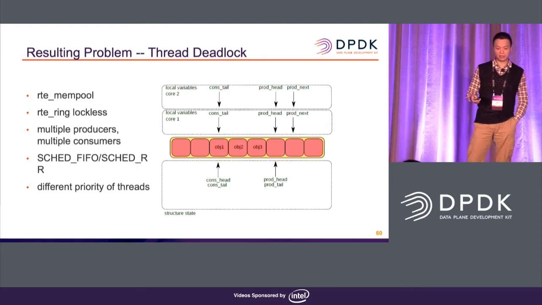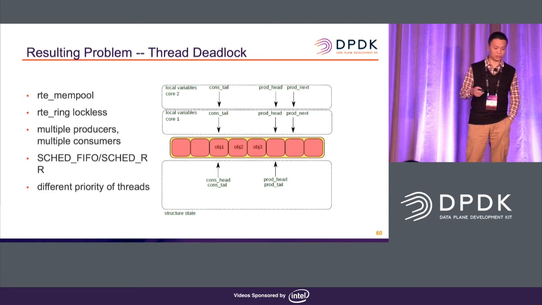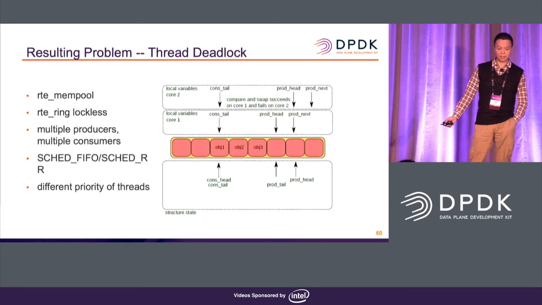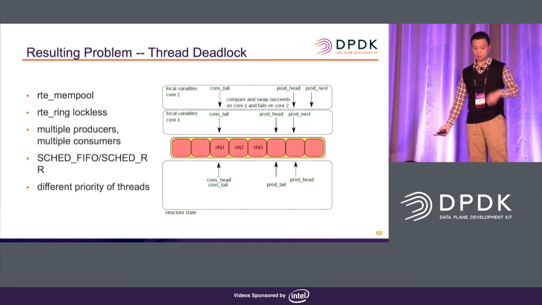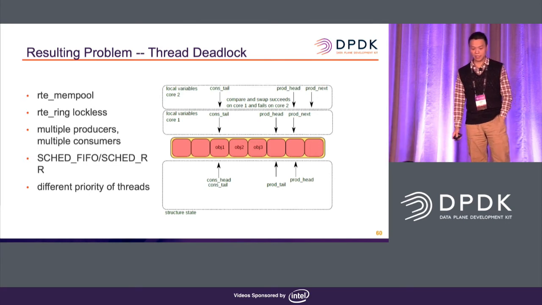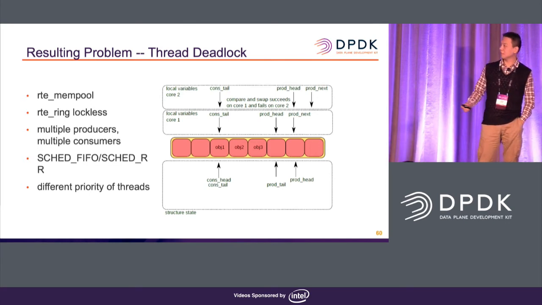Core 1 and core 2 will enqueue objects to the queue. They will use a compare and swap on the prod head. And after the prod head is moved, the prod tail needs to be moved too.